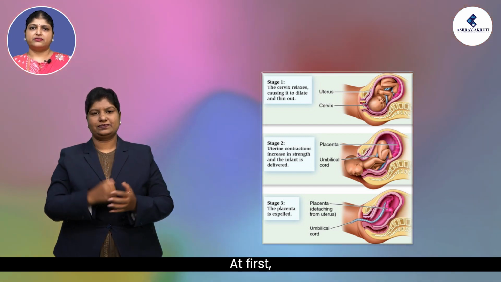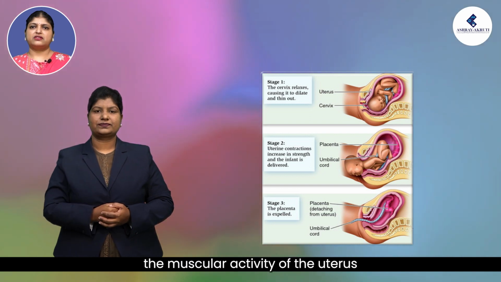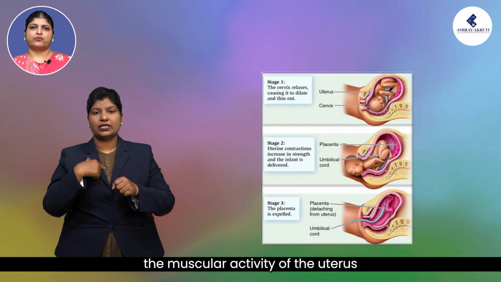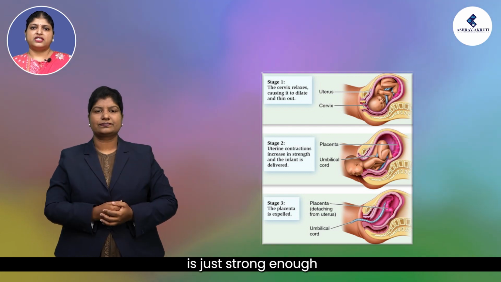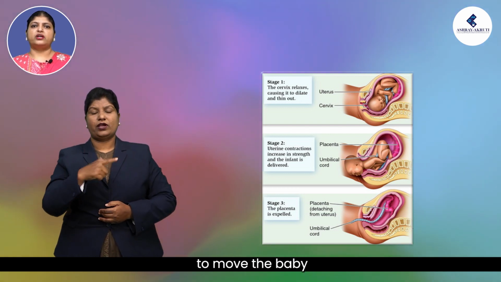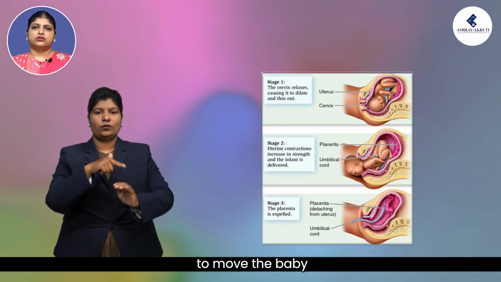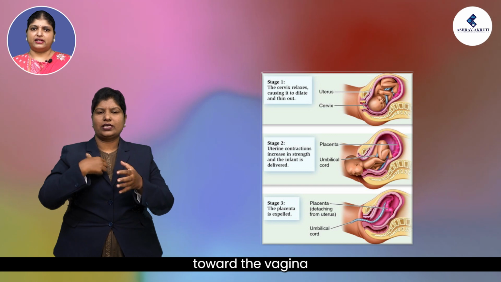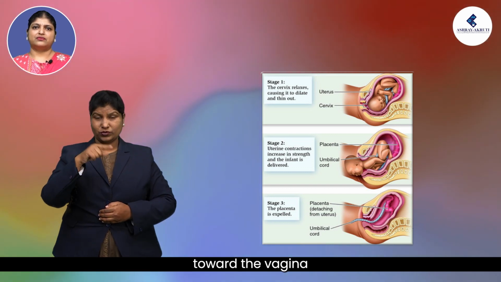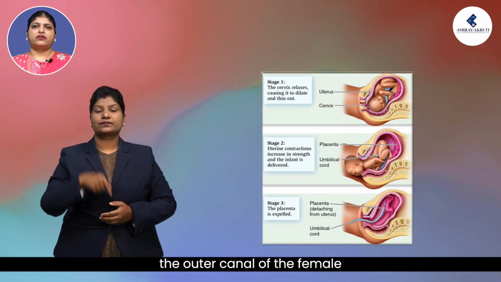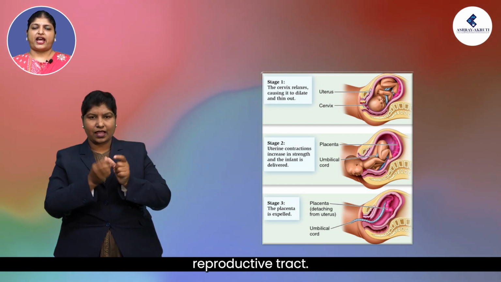At first, the muscular activity of the uterus is just strong enough to move the baby slowly toward the vagina, the outer canal of the female reproductive tract.